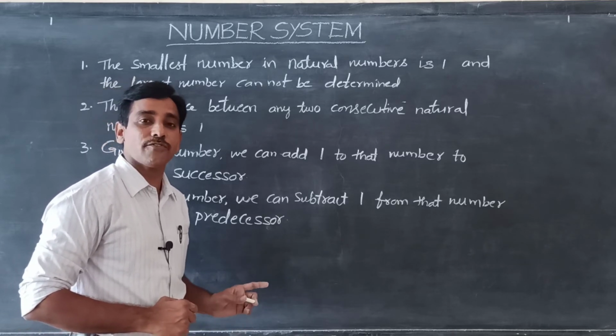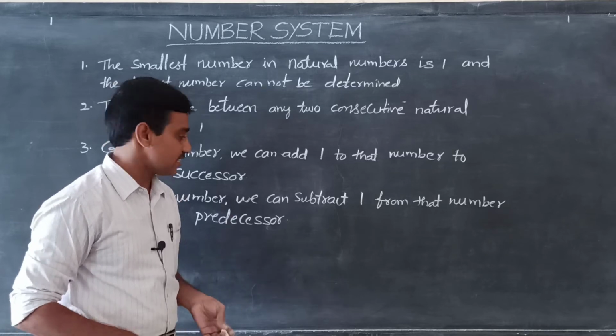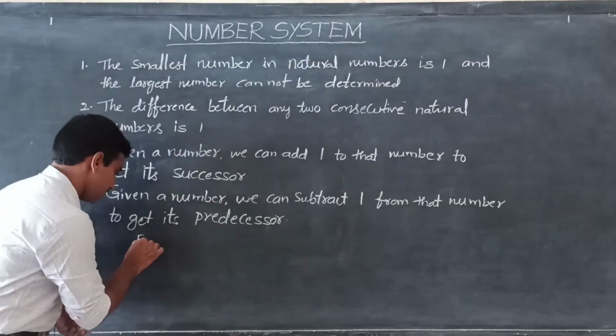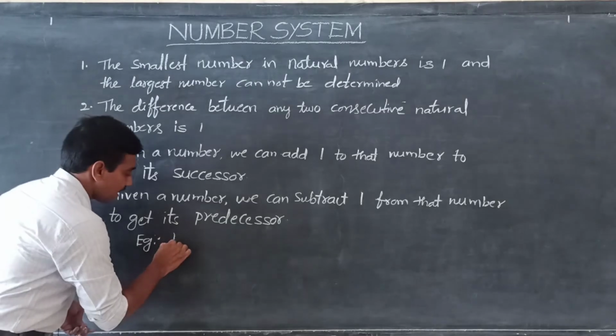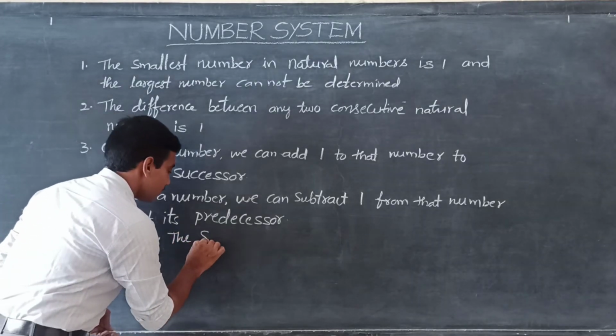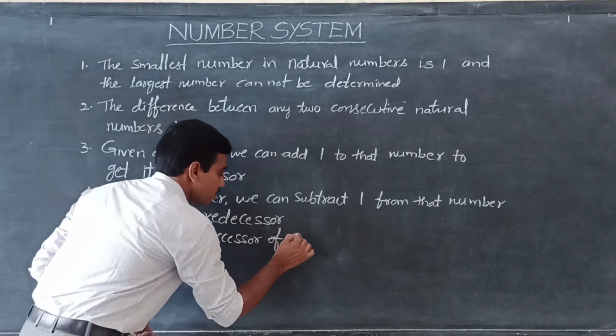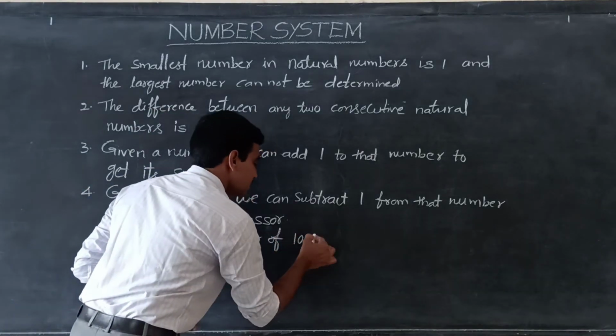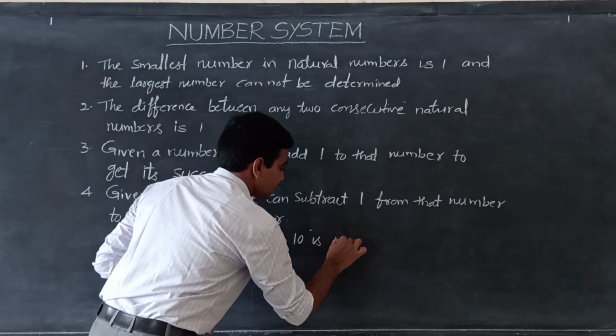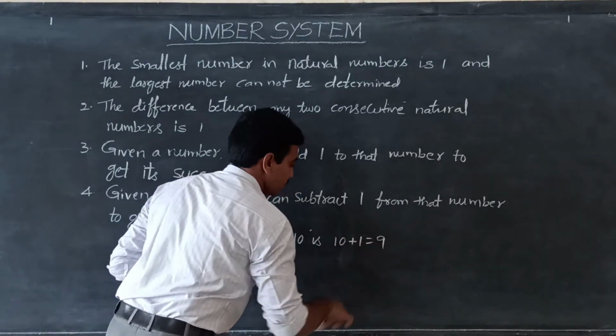The successor of 9 is 10. Like that we can take an example. See here, the successor of 10 is 10 plus 1, that equals 11.